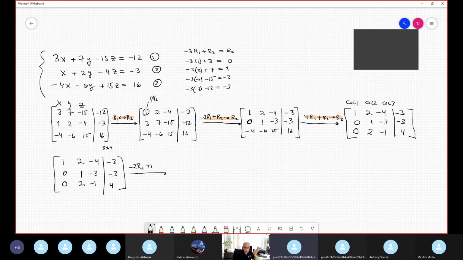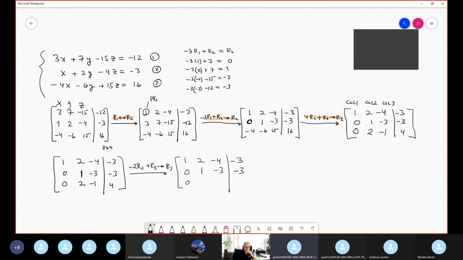Plus the row in which you want to do the elimination, and store in row 3. It's doing 1, 2, negative 4, negative 3, and 0, 1, negative 3, negative 3. This is the crucial moment.